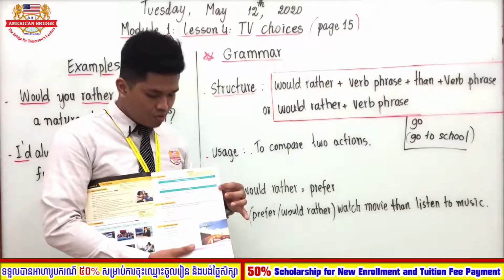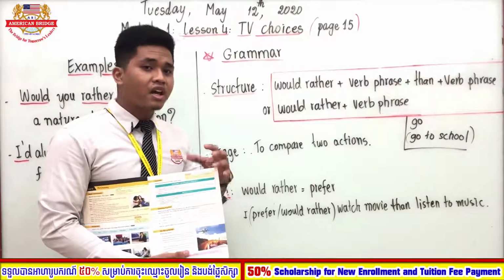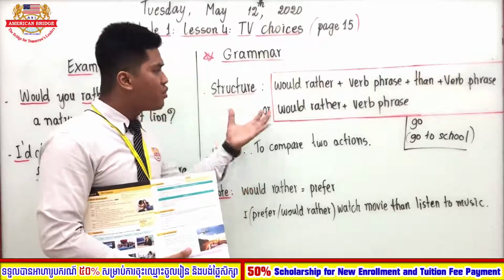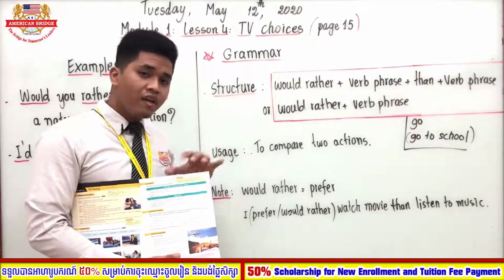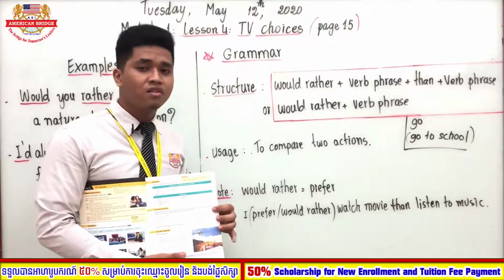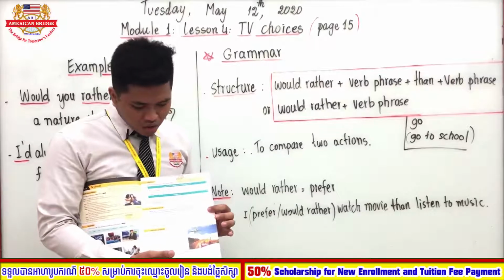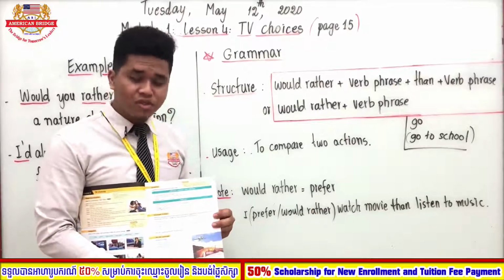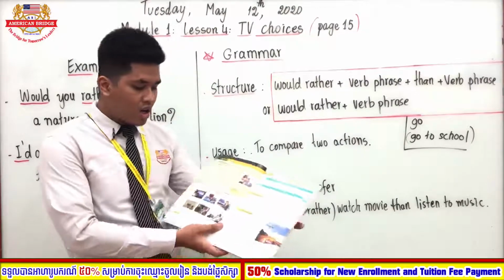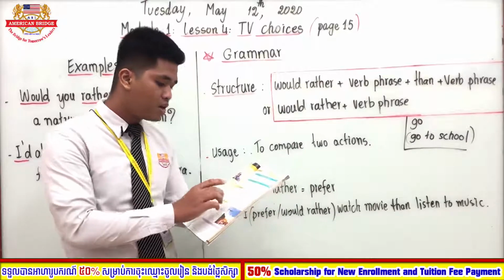You just read through this explanation once or twice, so you will get a better understanding of what would rather is. Okay, and after you finish reading those, it is time for all of you to do the exercises. Here in your book on page 15, there are two exercises, grammar practice and use the language.